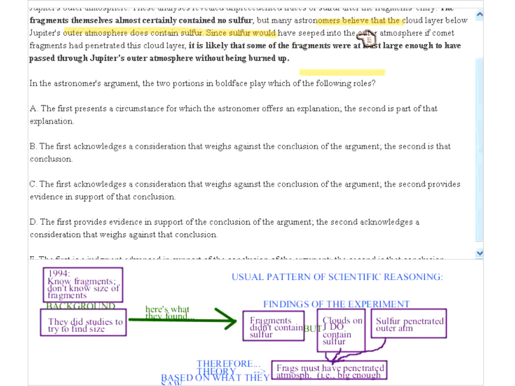Like, wow, I'm really interested in how big these things are. I don't really care if they have sulfur, because they don't talk about sulfur up here. But they really wanted to know how big they were. Aha, here's how big they were. So Tammy, that'll probably help you figure out which one is the conclusion. Smiley, if that makes sense. Still doesn't make it super easy, but there you go.